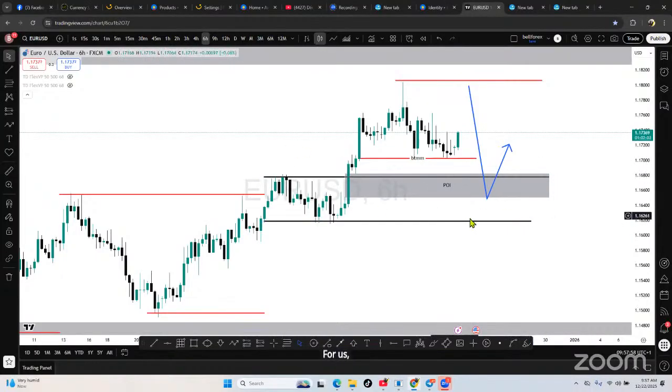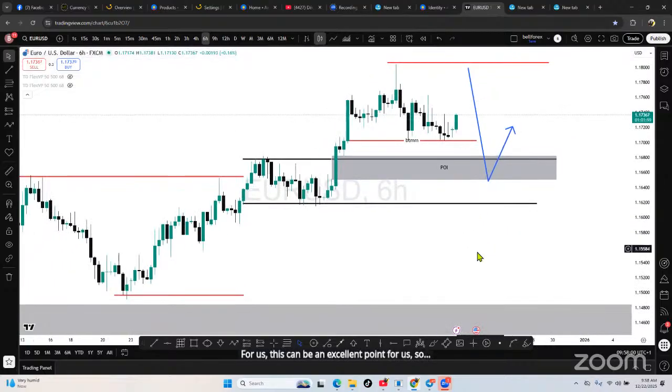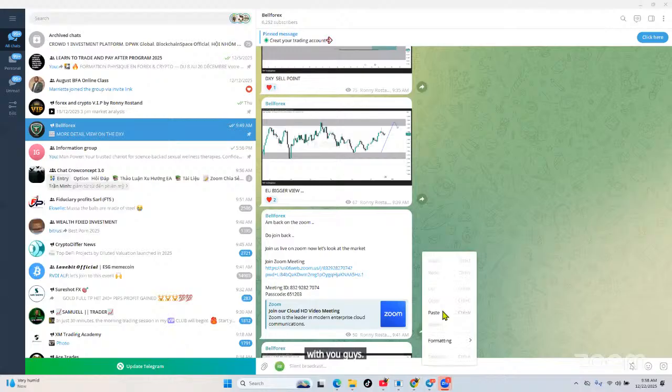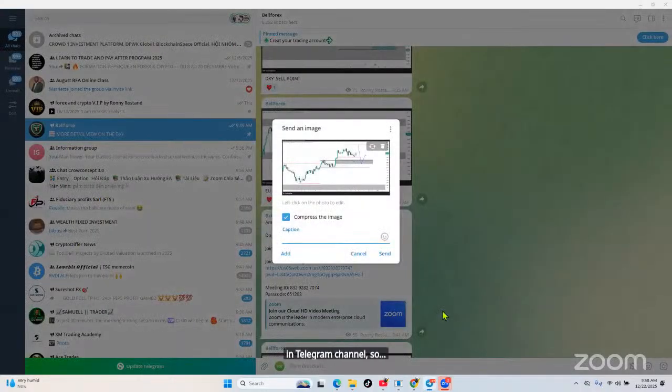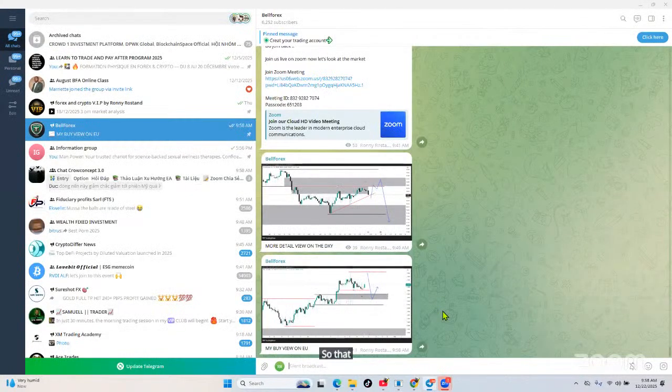So this is what I'll be considering. So I'll have to share this with you guys in the Telegram channel. So that's my buy view on EU.